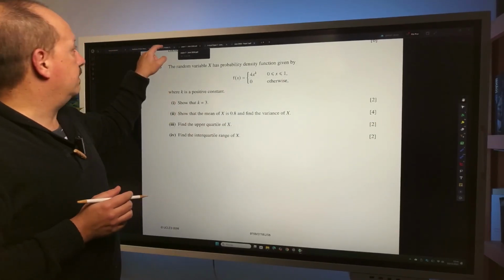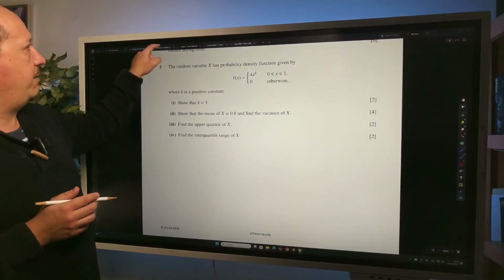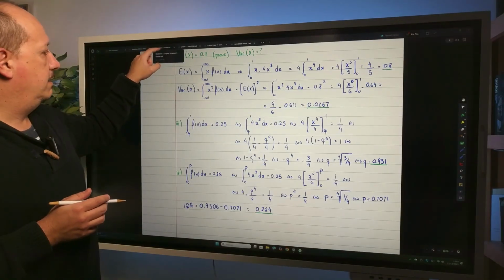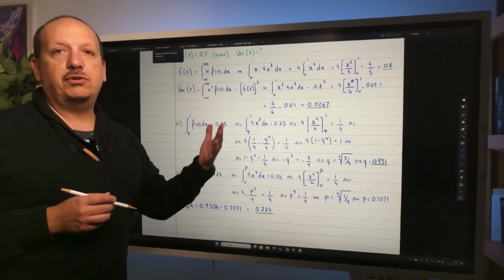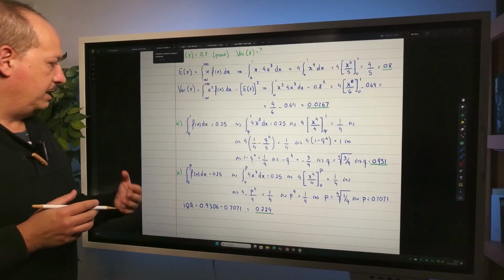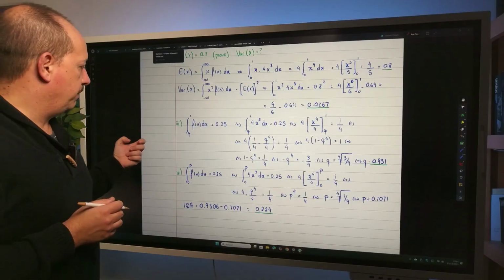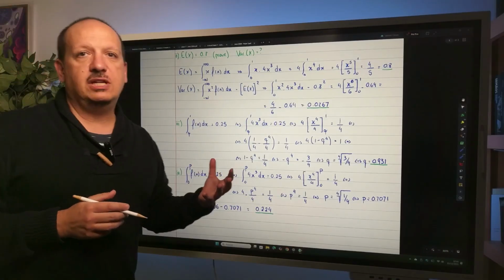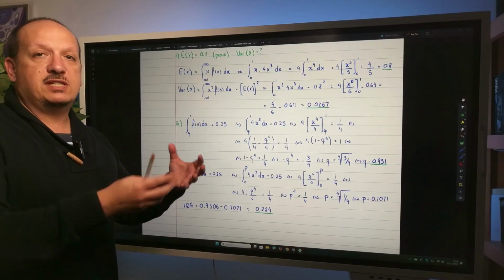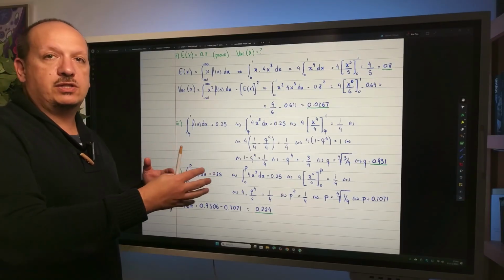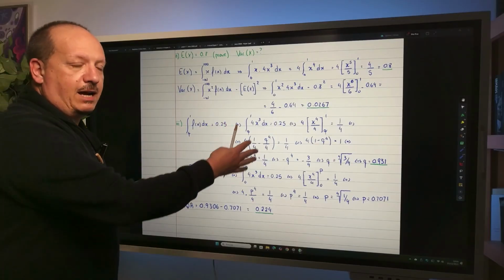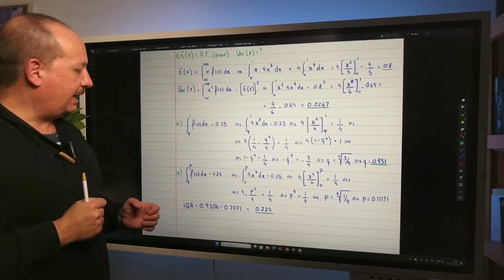For you to get the interquartile range, you already have one of the values that you need, which is q. Now you need p. And what is p? P is the value for which the area of the function is going to be 0.25, and that corresponds to the area most to the left.